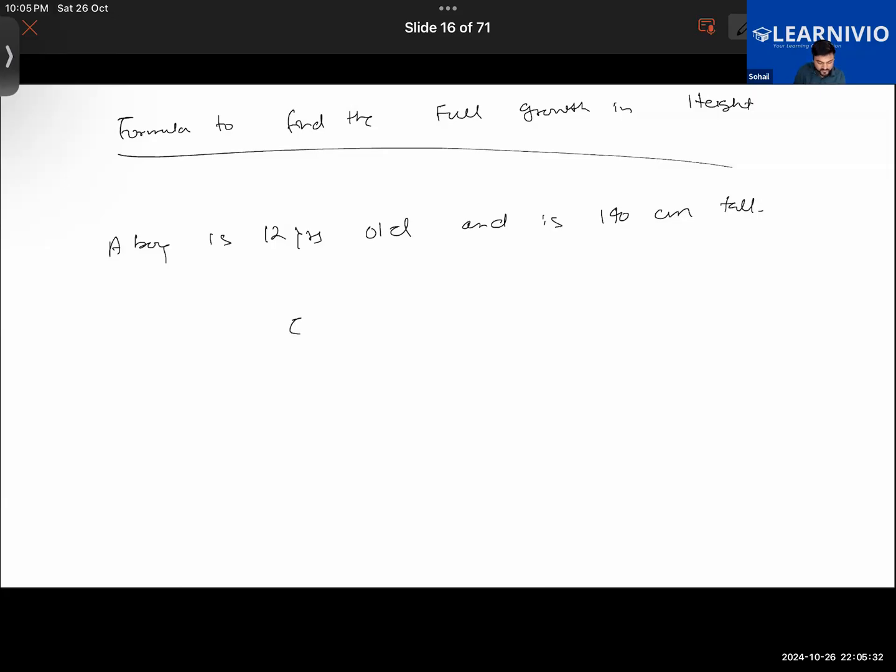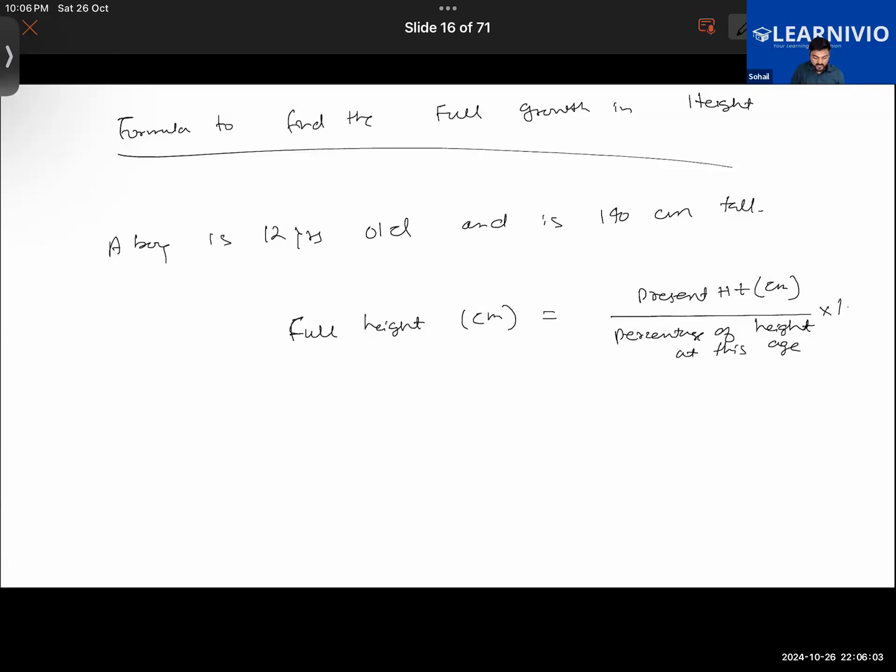The formula says that full height in centimeter equals present height in centimeter divided by percentage of height at this age, and this value we will take from the chart which we have.